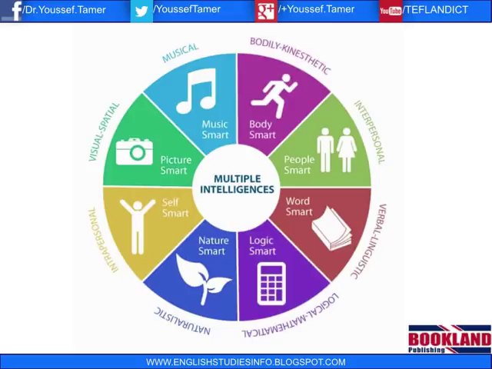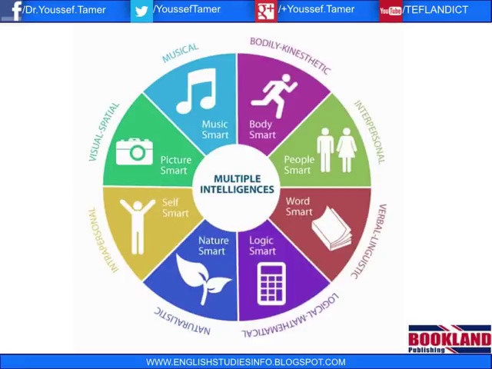Then you have verbal linguistic intelligence; people who have it are referred to as word smart people. Then the logic mathematical, it's logic smart. Natural, nature smart, they are smart about dealing with nature and living in nature.